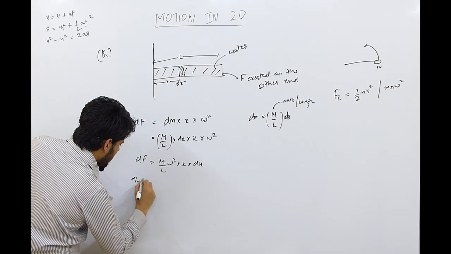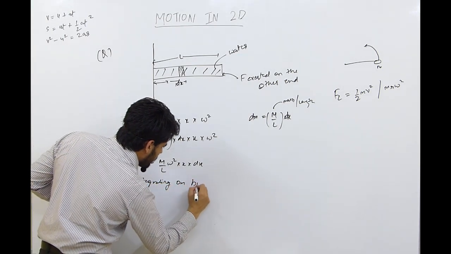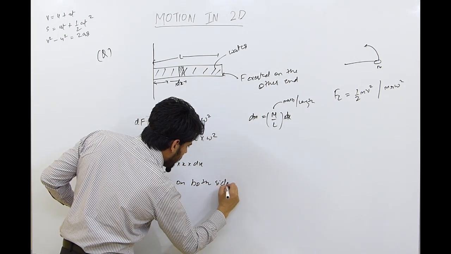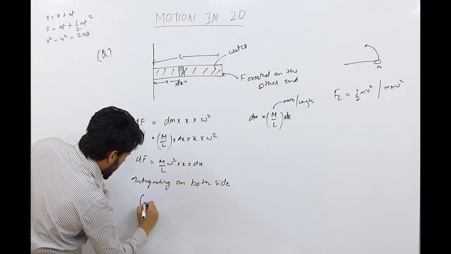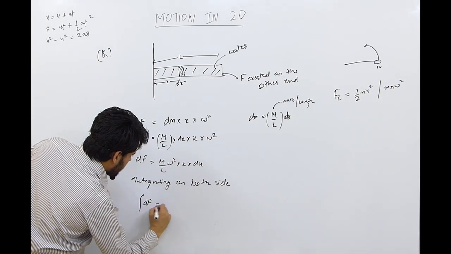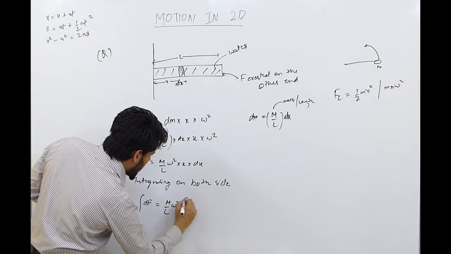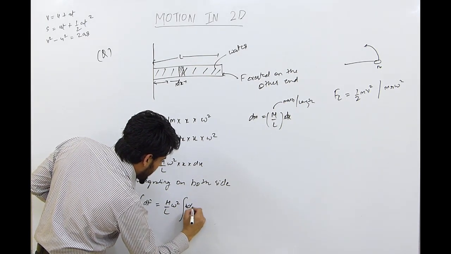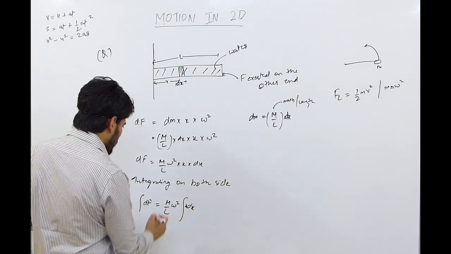Integrating on both sides, we get integral of df equals m by l omega square integral of x dx. If we integrate x dx, it comes out to be x square by 2.